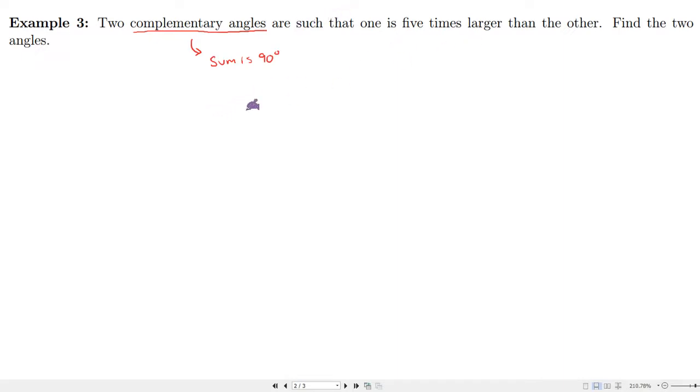Okay, so what do we have? Well, we're going to have two angles. So here's 90 degrees. We have two angles, and one is 5 times larger than the other. So what we could just do there is one of the angles is going to be our x. That's going to be our angle x. And the other angle is going to be 5 times that angle.